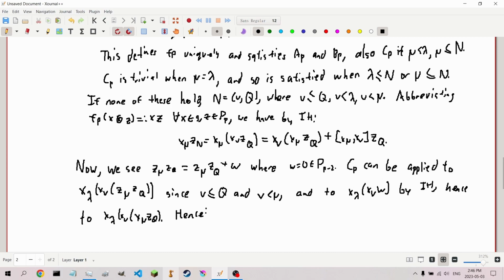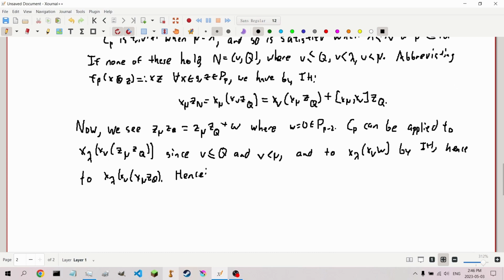Hence we can finally crunch this all down into X lambda X mu Zn equal X nu X lambda X mu times ZQ plus the bracket of X lambda X mu ZQ.